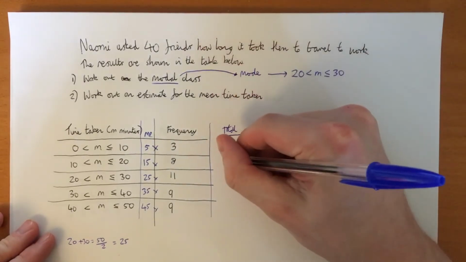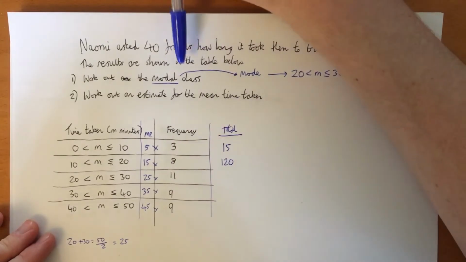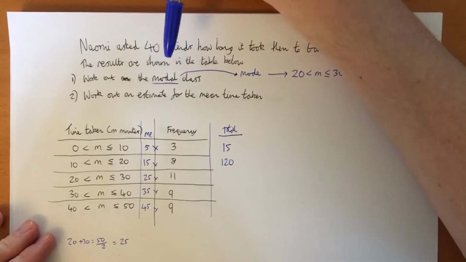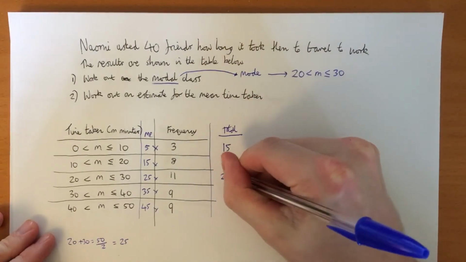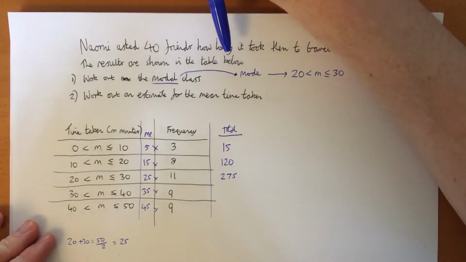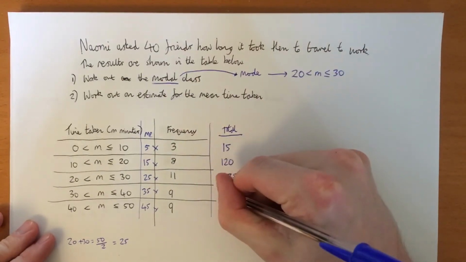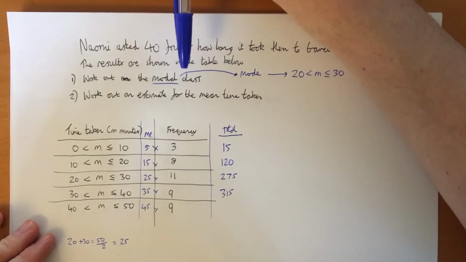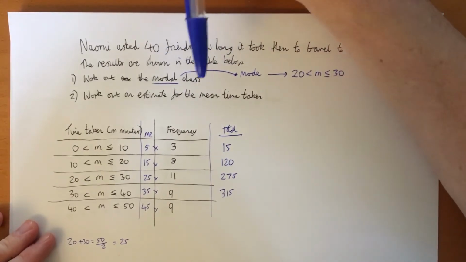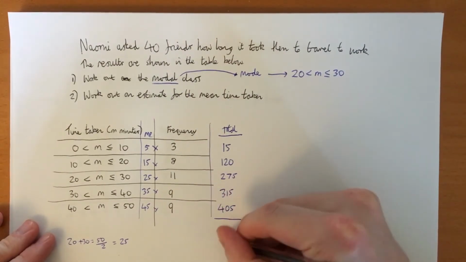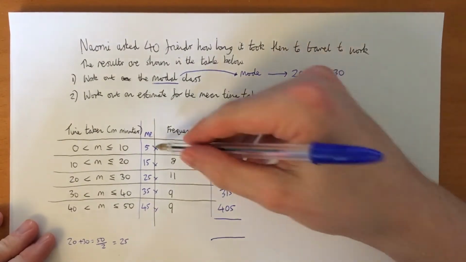Yeah, 120. 25 times 11 is 275. 35 times 9 is 315. And the last one, 45 times 9, 405. So what we have here is we have all the totals from the time taken.